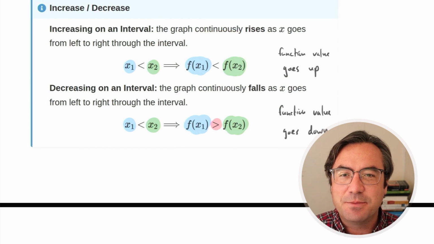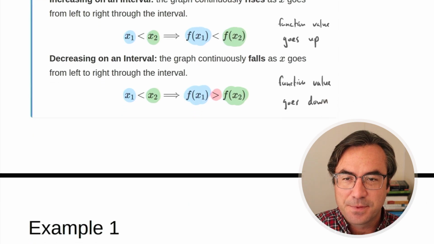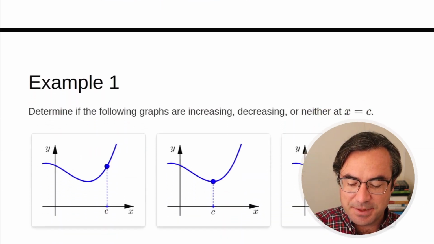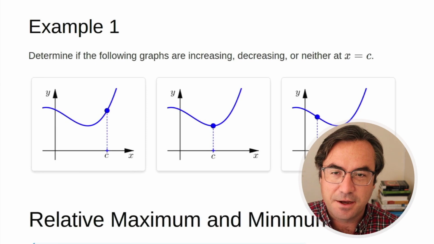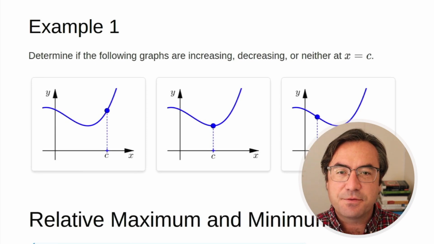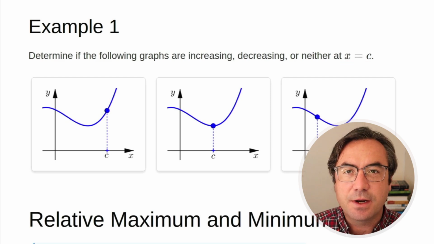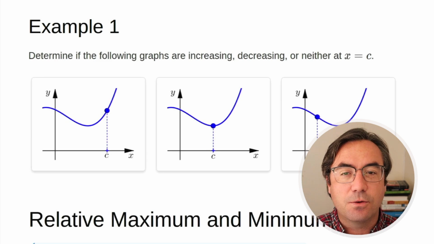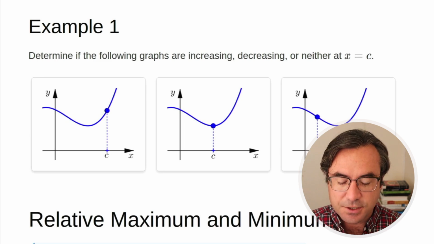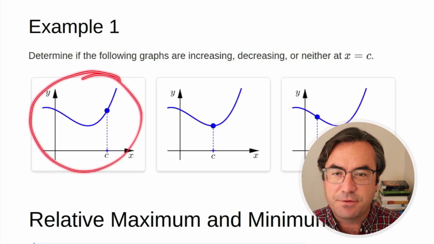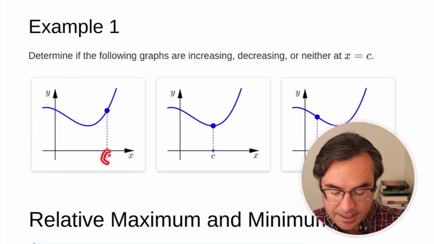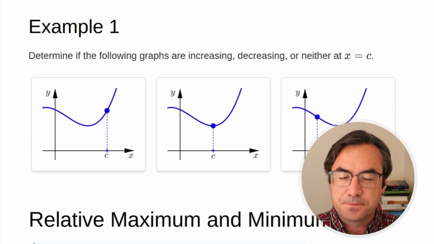But we have some intuition when we look at the graph. So let's look at some examples. We have a few different graphs, and we're looking at one particular place, x equals c. We want to know, is the graph increasing, decreasing, or neither there? Let's look at the first one. Here's the graph of a function, and we're looking at x equals c, and we've plotted the point.